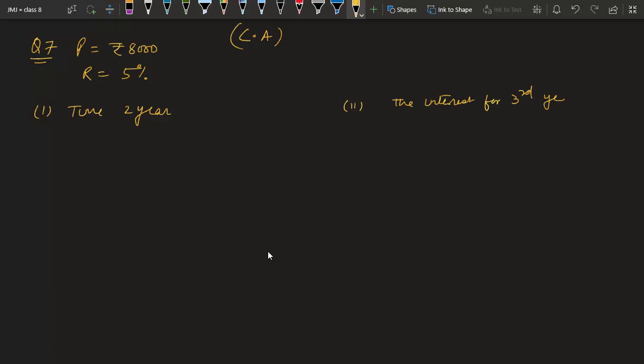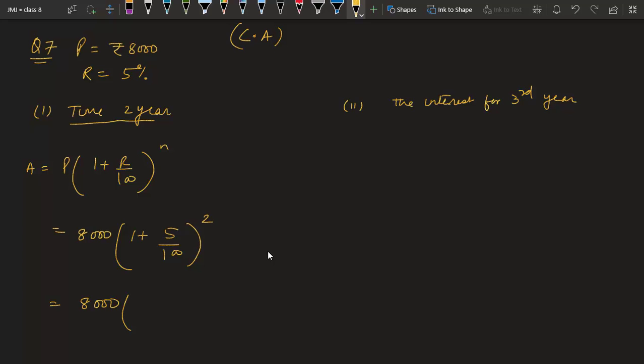So let's see. First let's find the amount after 2 years. Very simple. The same formula, amount is equal to P 1 plus R upon 100 power n. P is 8,000, 1 plus 5 upon 100 whole power 2. This becomes 8,000 into 105 upon 100 into 105 upon 100.